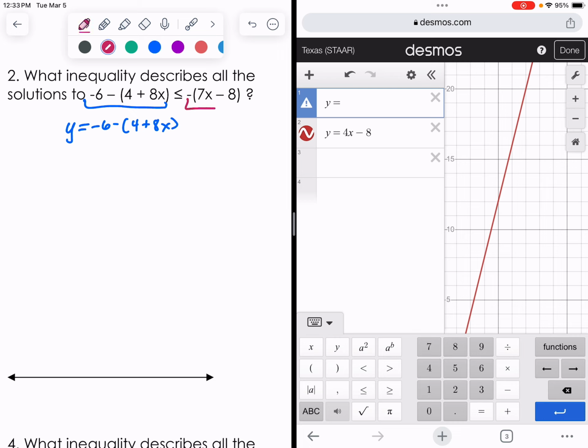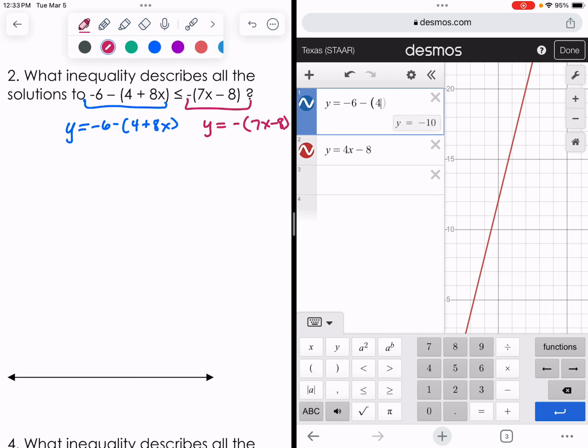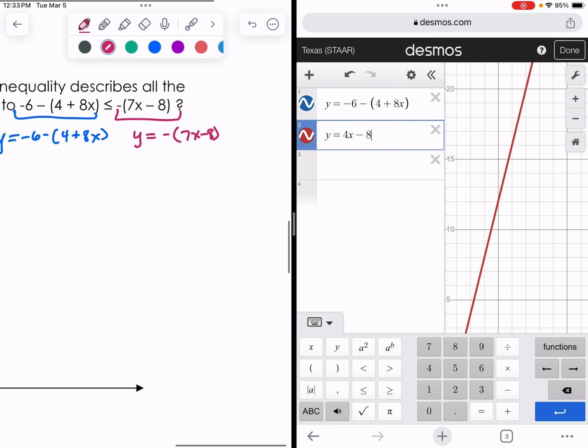On the right, I have y equals negative parentheses 7x minus 8. So -6 minus, gotta be careful, type it exactly how it looks. And then for the right side, gotta have the parentheses and everything.